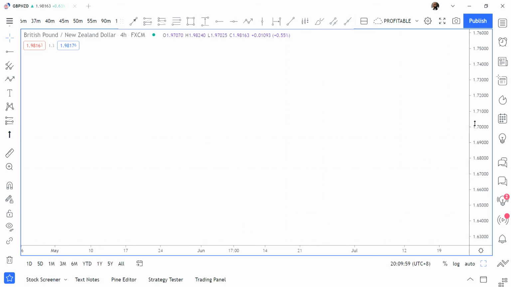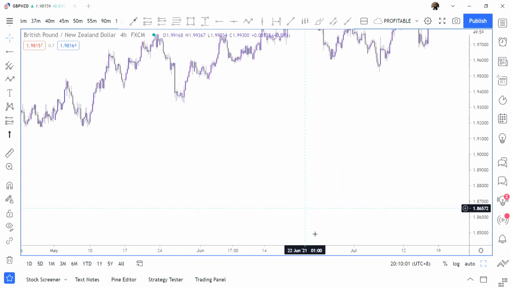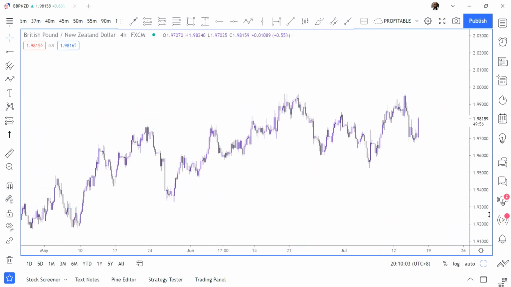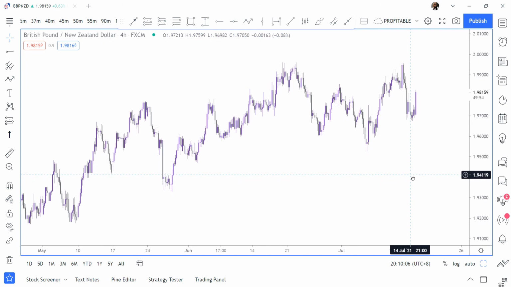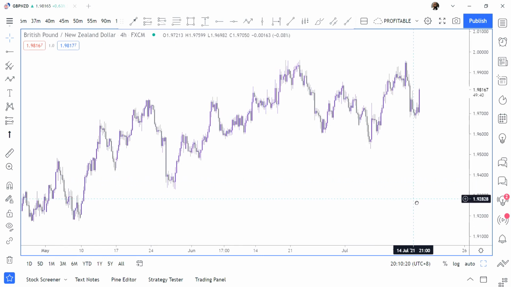So then let's look at the proper chart. Let's pull it up right here. And then right here, what do you see? Do you see any supply zones or demand zones? Right off the bat, I see two supply zones on this chart.